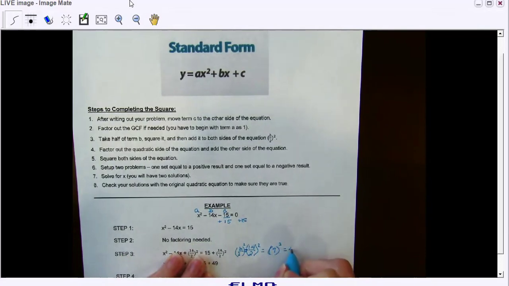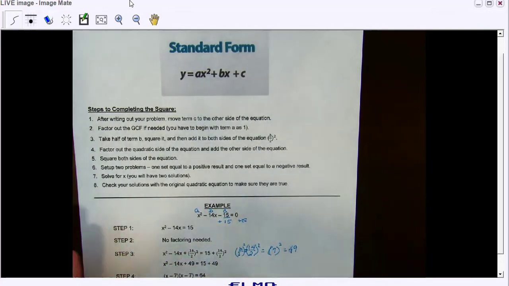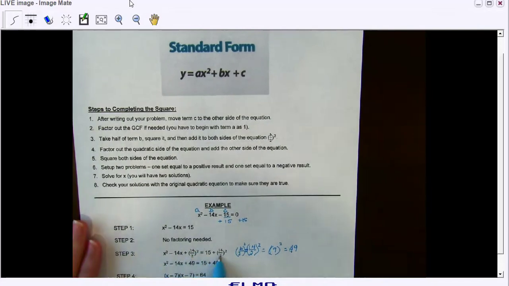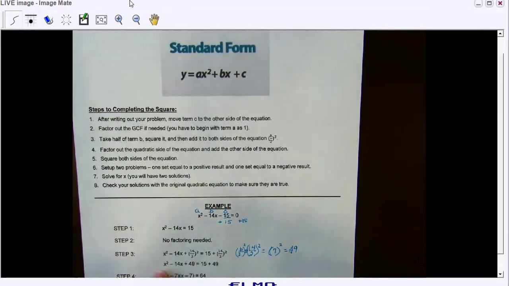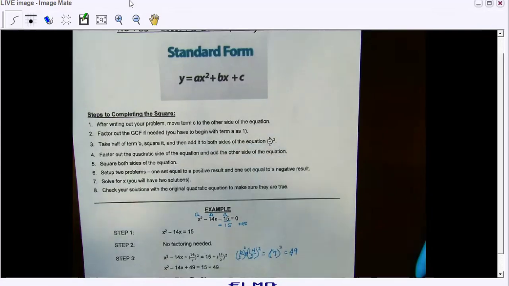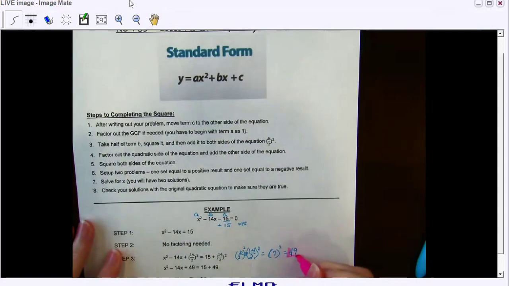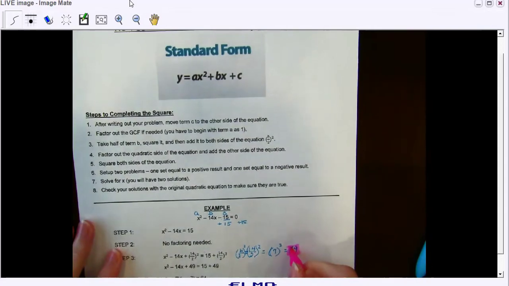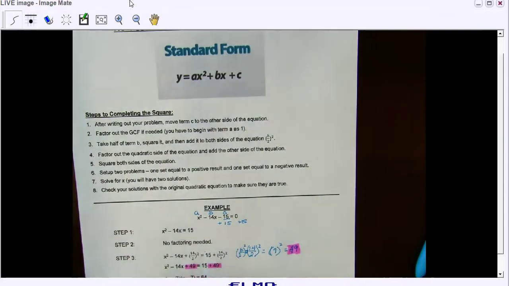And 7 squared is, sorry, 7 squared is 49. Okay. So this looks a little bit confusing right here, but if you just skip down to this right here, we're going to take the 49, and we are going to add it to both sides of the equation.